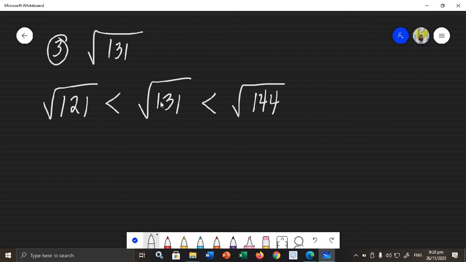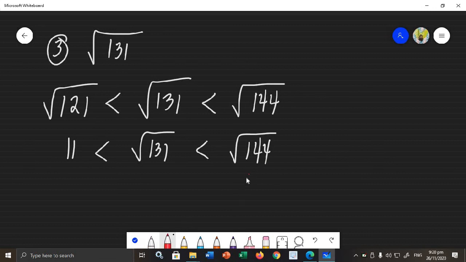So, therefore, si 131 mas malapit siya dito kay 121. Therefore, ang approximate square root ni 131 ay yung square root ni 121, which is 11. So, 11 less than square root of 131 less than square root of 144.